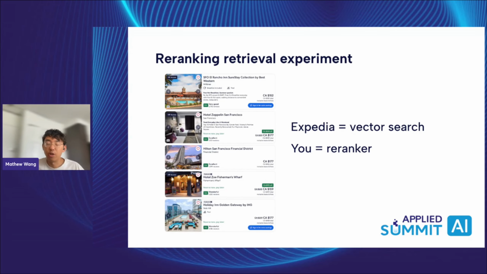You get your results in under a second, but it's not the most accurate. You wouldn't just blindly trust that the first result on Expedia is the hotel that you want to stay at. So if you add the re-ranker after, which in this case is you, you're a lot slower, right? Because you have to manually look through the hotels and read the descriptions, but you're a lot more accurate. So you can confidently pick 3 of these hotels that you would be pretty confident would be good choices.